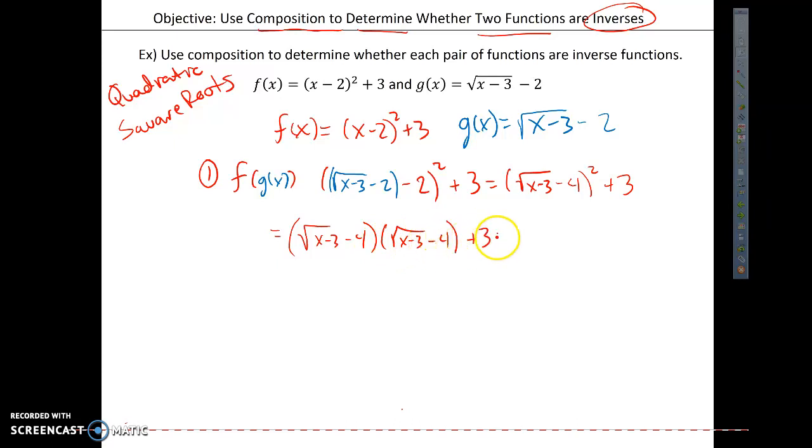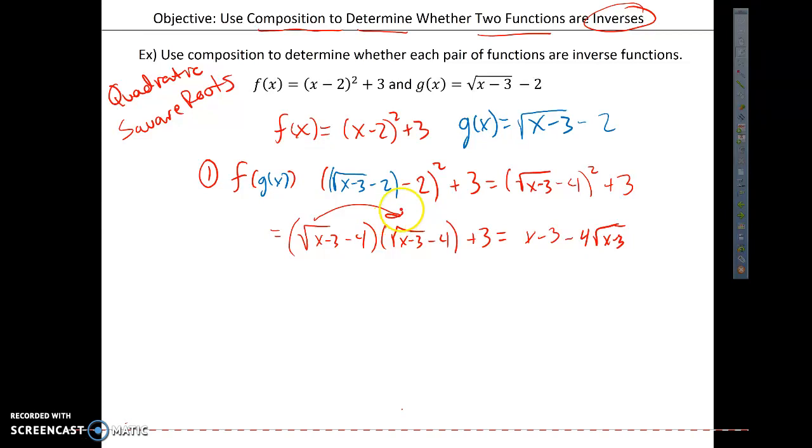minus 4, plus 3. And what we get is x minus 3, root x minus 3 times root x minus 3, minus 4 times the square root of x minus 3.